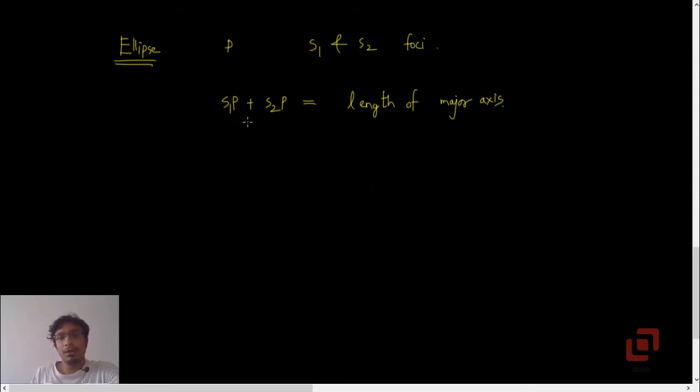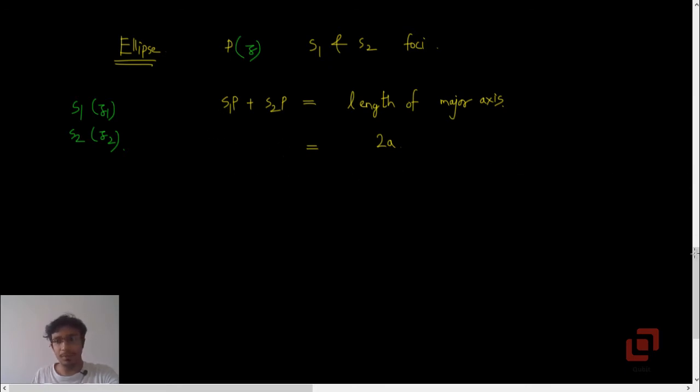So now we can make use of this fact in constructing the equation of the ellipse on the Argand plane. Let us assume that the length of the major axis is 2a. The variable point P is represented by the complex number z, and the foci S1 and S2 are represented by the points z1 and z2. Now what is the distance between S1 and P?